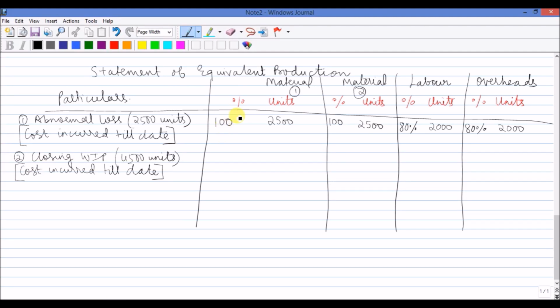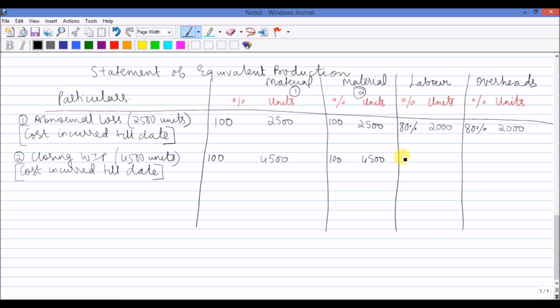In closing work in progress, they have said that the materials are 100%, so the cost has been incurred for 100% of material. So 100% of material 1, and 4500 at 100% will be 4500. Material 2 is also 100%, friends, so 4500 will be coming here also.